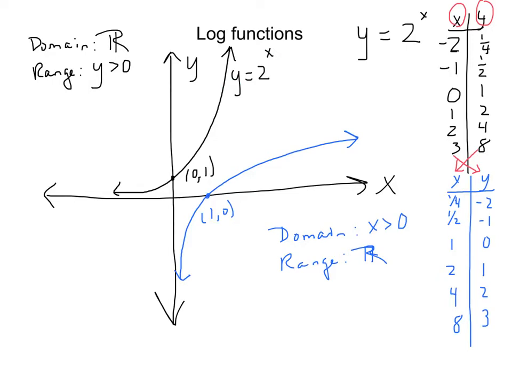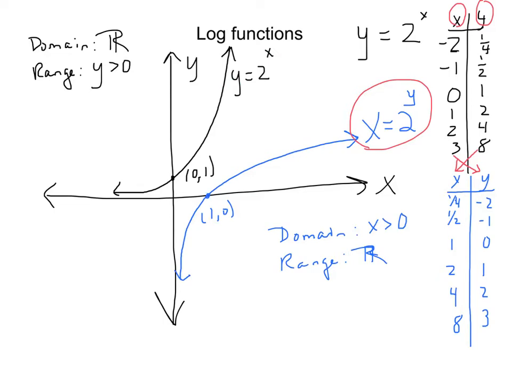Okay, as far as an equation for this goes, what I could simply do is switch the x and the y and say x equals 2 to the y. This is actually considered an inverse to the function y equals 2 to the x. As soon as you switch the x and the y, you have the inverse.